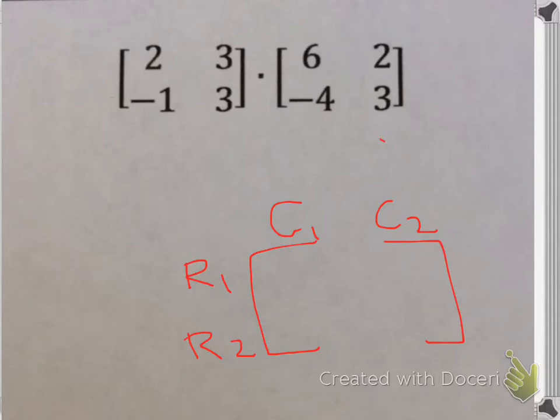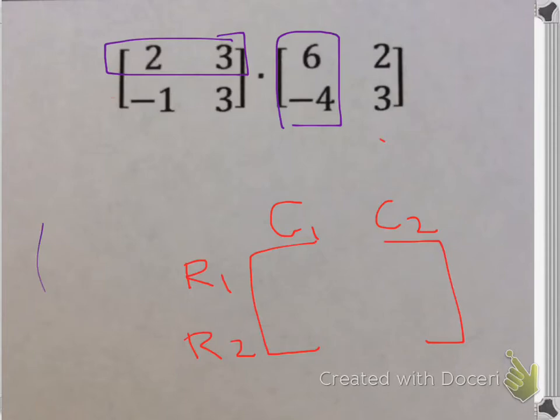So I would use row 1 of the first matrix, which is right here, and column 1 of the second matrix, which is this. And then I kind of just like to draw out to the side and write my notes for what I'm doing. I'm doing row 1 and column 1.